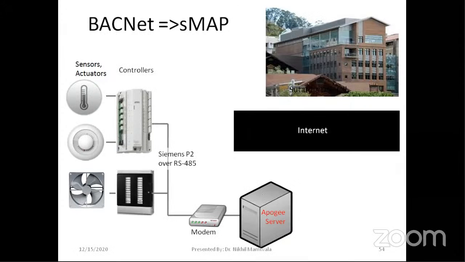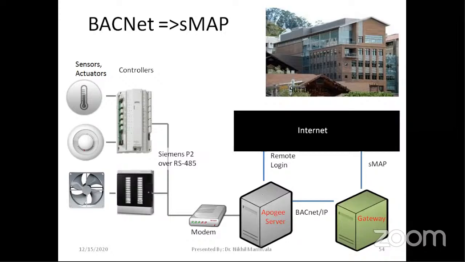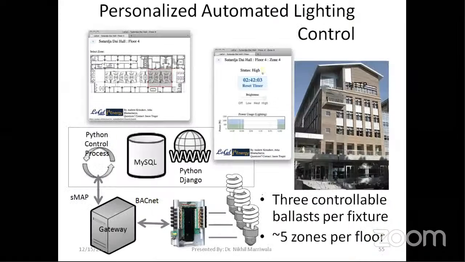So if you see, this is how it is being done. Sensors giving the data to the controllers giving the information through the modem to the Apogee server, which is controlling the entire thing through internet, and all the buildings that are connected with the internet in that particular area would receive that message. If they have the facility, they can also control it accordingly, right? So that S map is given to a gateway, and then everything is done, right?